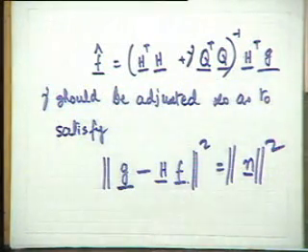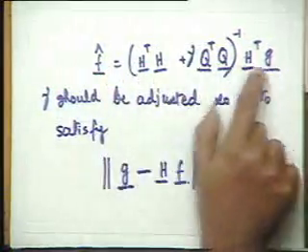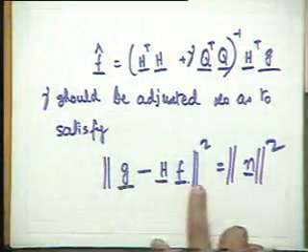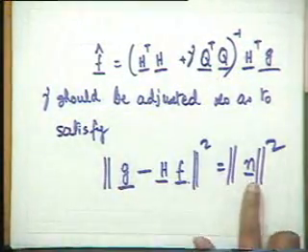So that means our gamma must be adjusted. Now gamma adjustment will give what? If we adjust gamma, we are going to find a new value of f hat, and that new value of f hat we will put here and see whether we are fulfilling this criteria or not.